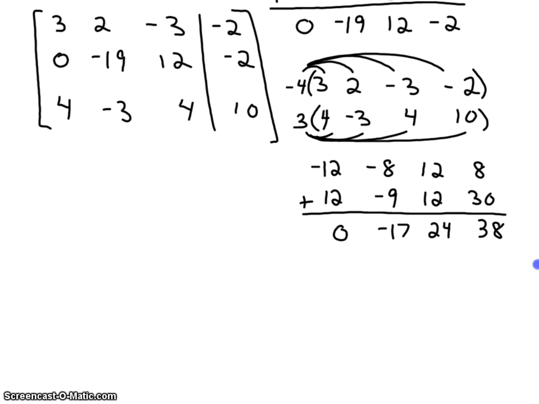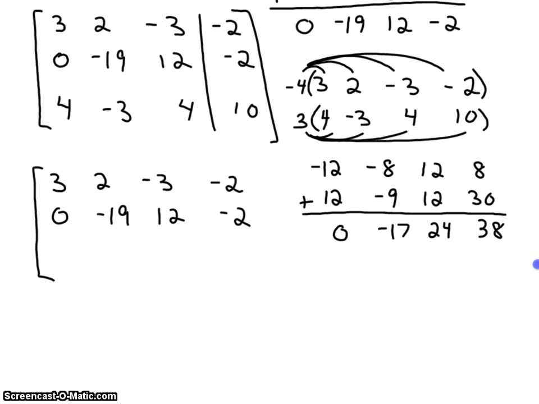Now I'm going to replace row 3 with that result. So keep row 1 the way it is. Keep row 2 the way it is. Now replace row 3 with the result you just obtained.